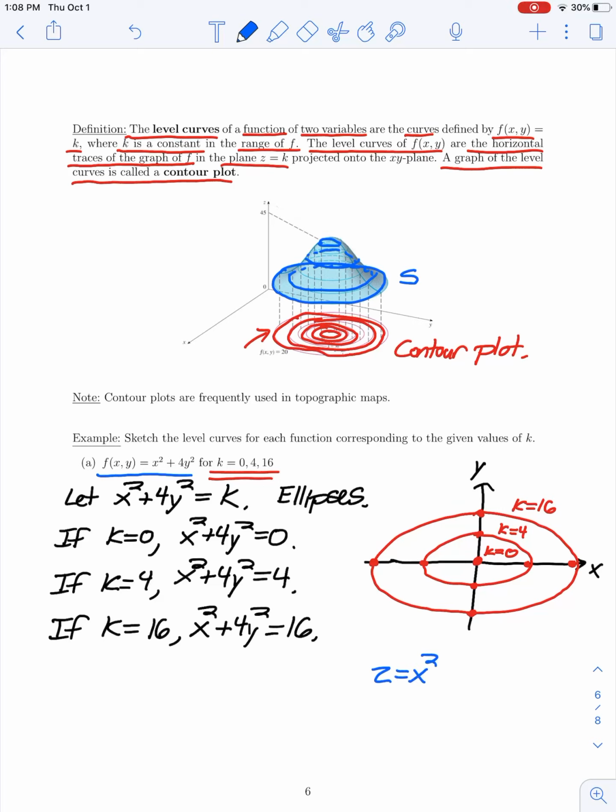If z is x squared plus 4y squared, well, this is an elliptic paraboloid. So this is, of course, what we would expect for our level curves to look like. As we're moving upward from the xy plane, we're slicing our surface, and we're getting ellipses of larger area.